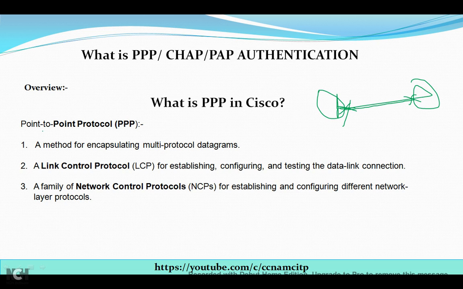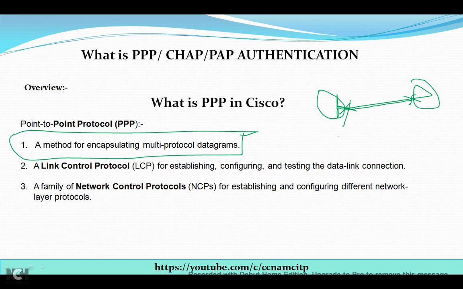So first of all, triple P is a method for encapsulating multi-protocol datagrams. So the main function, why do we use triple P on Cisco routers? It provides encapsulation for multi-protocol datagrams. And the second thing, a link control protocol for establishing, configuring and testing the data link connection.